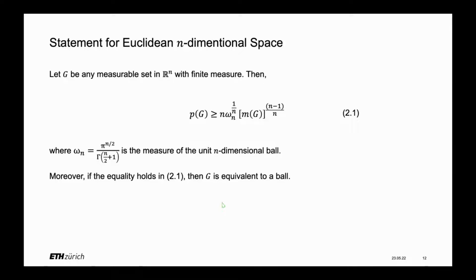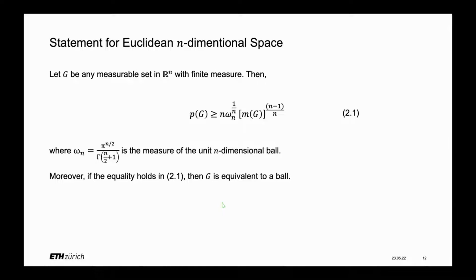For the n-dimensional space, the statement is more or less the same idea as in the Euclidean plane. Let G be a measurable set in R^n with a finite measure.